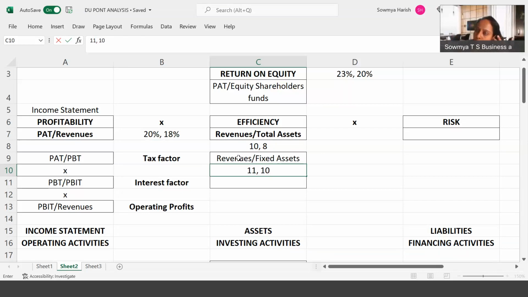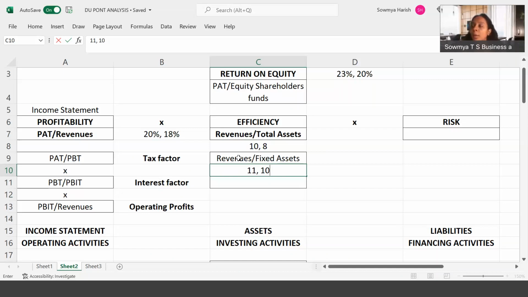Think that for 2 years, because of the pandemic, because of COVID, there was a decline in the demand. People were not demanding the product. So that has caused the decline in the revenues. At that time, can you blame the total assets for the decline in the revenues? Not at all. So your total assets have not contributed to the decline in the revenue. Okay, take one more instance. Think that in a normal condition, there was non-availability or inadequate availability of raw materials.